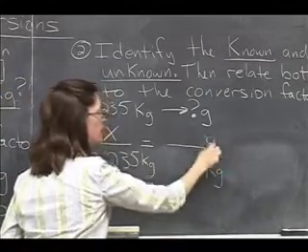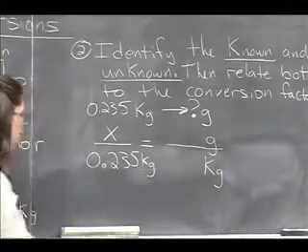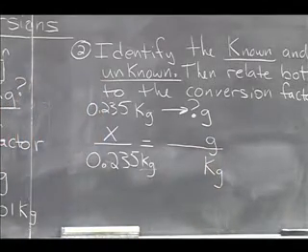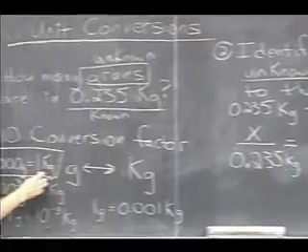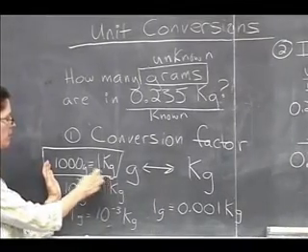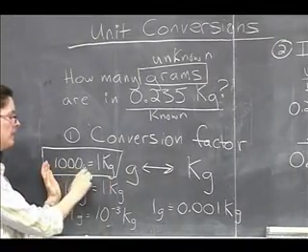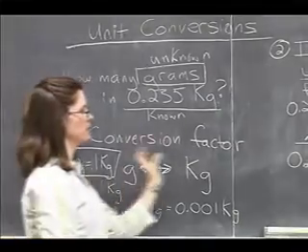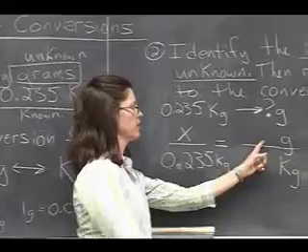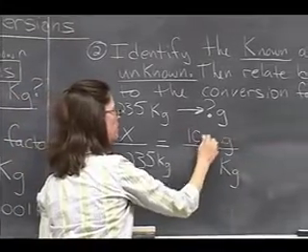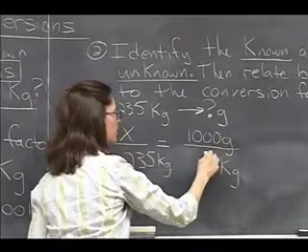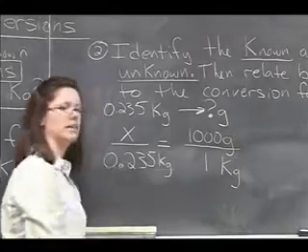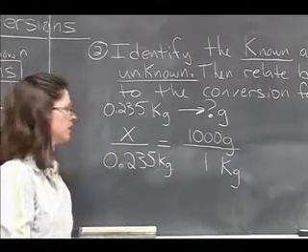So I've put in my units, and now I just have to fill in my conversion factor from over here. There are 1,000 grams in 1 kilogram. So I know the 1,000 grams goes in the numerator. And the 1 kilogram is in the denominator.